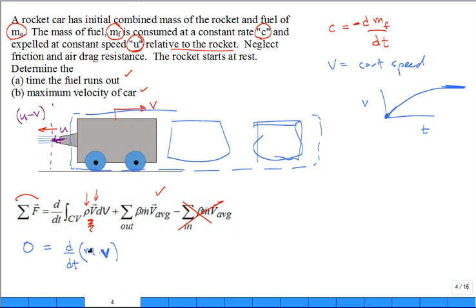All right, but the mass right here, what is that? That mass is the mass of the cart and the fuel that make up the rocket car. So what is the mass doing? It's made up of the constant cart plus the mass of the fuel.